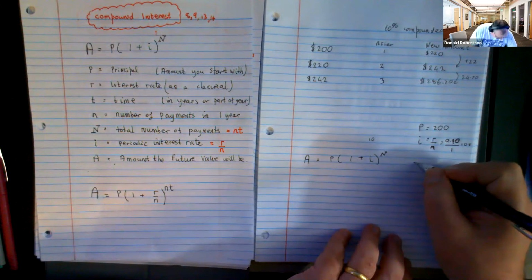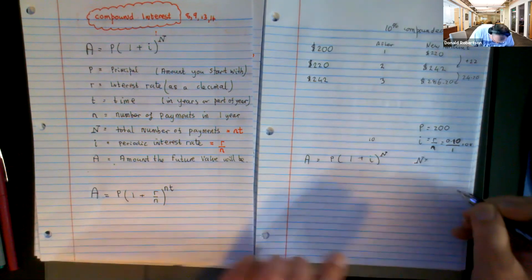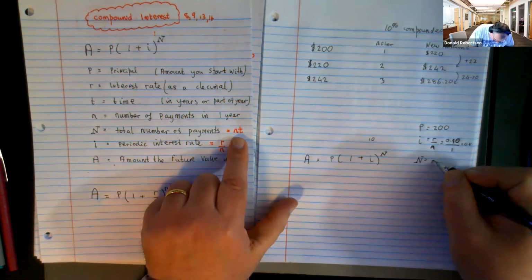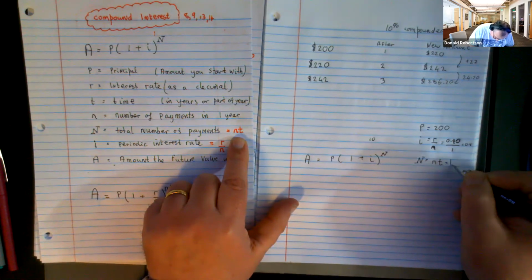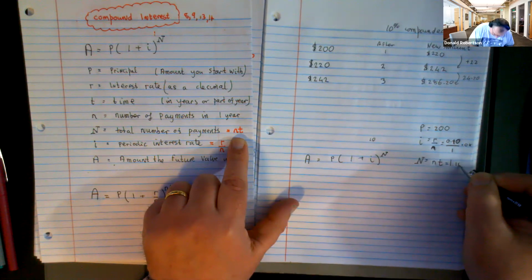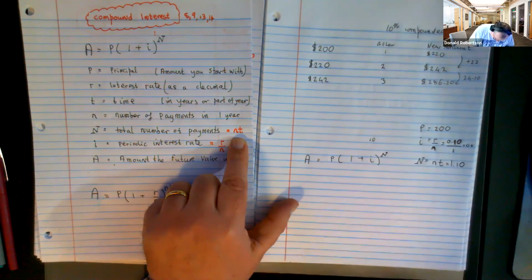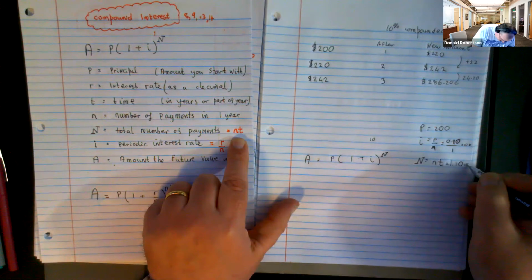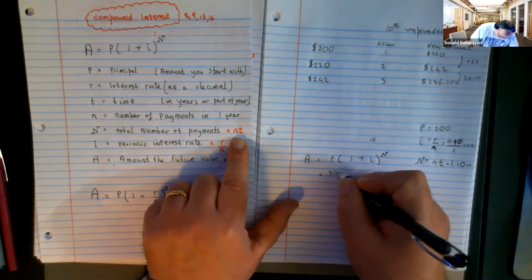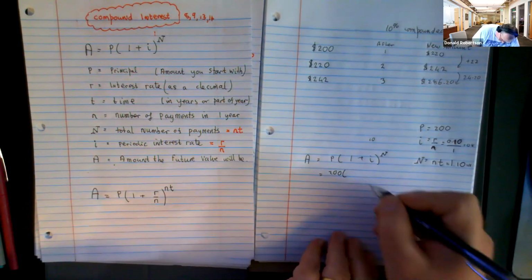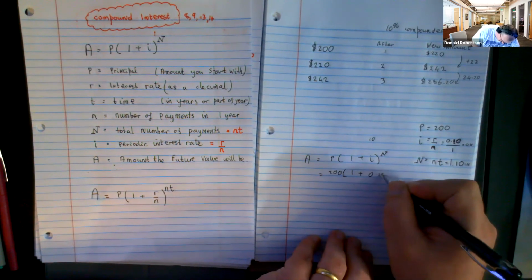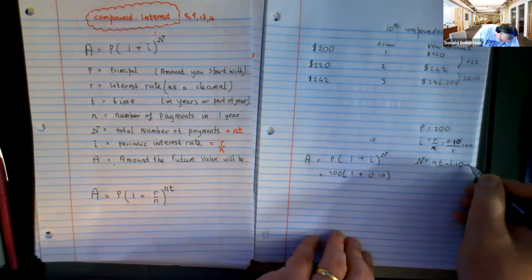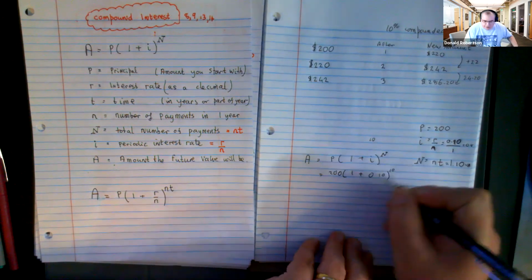And capital N is how many payments per year times the number of years. Well, it's 1 payment a year times 10 years. So that's 10. So I'm going to have $200 times (1 plus 0.1) raised to the power of 10 years.